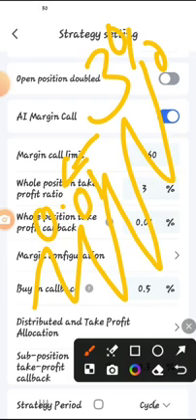Instead of you losing, you have reached 3%, but the market is coming down. That's when the robot will trigger the profit and give you the profit.